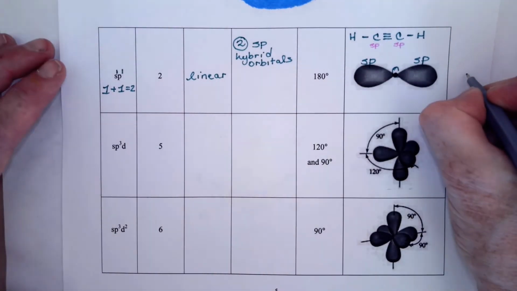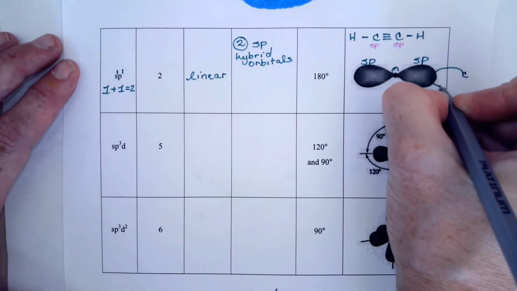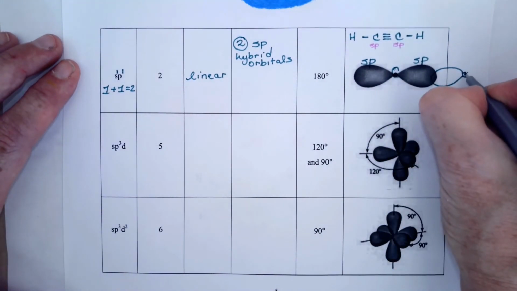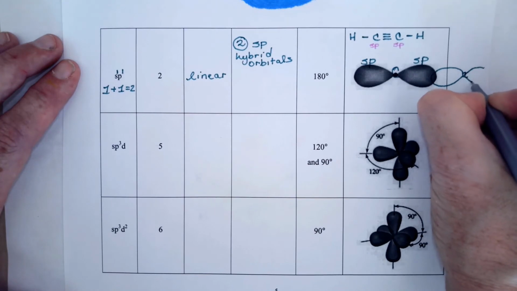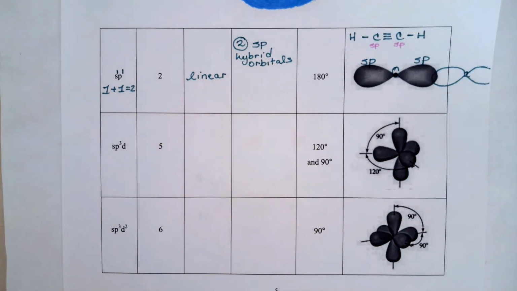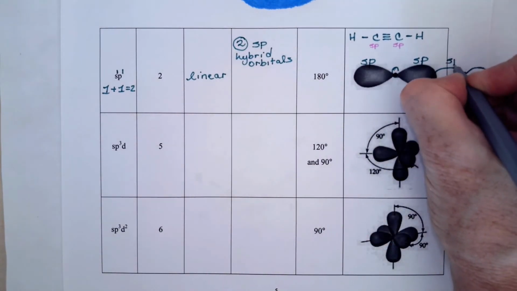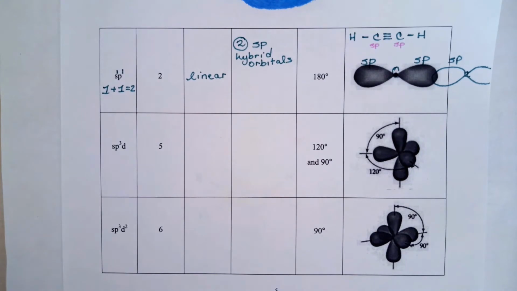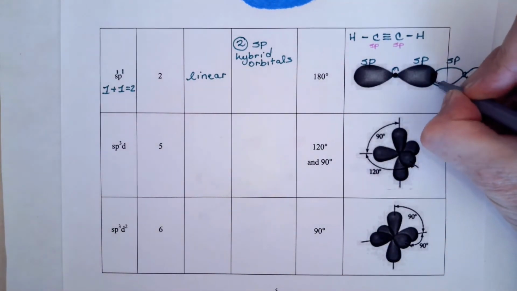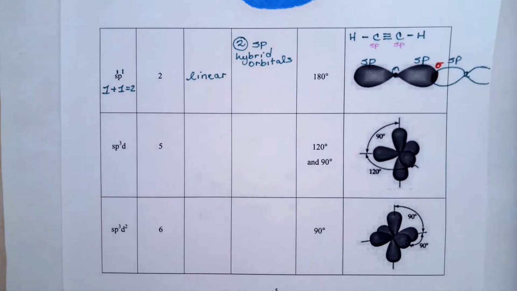So I'm going to draw another carbon. And let's get that sigma bond in there right away. So between the two sp orbitals, we have end-to-end overlap right in there, and that's a sigma bond.